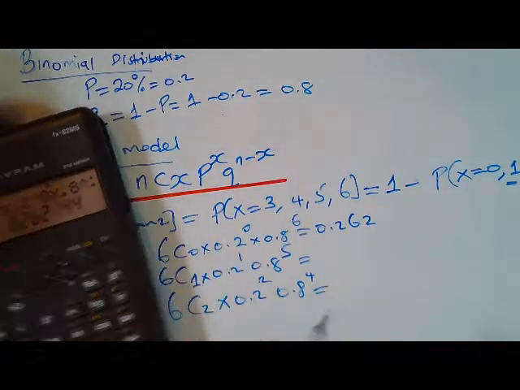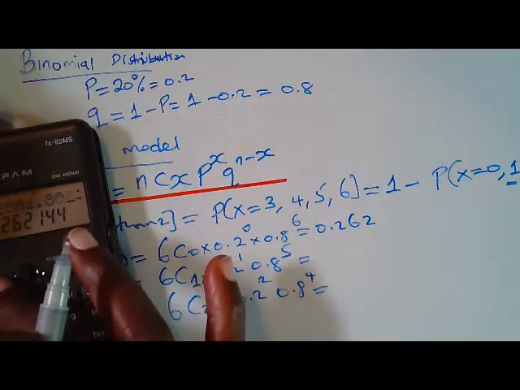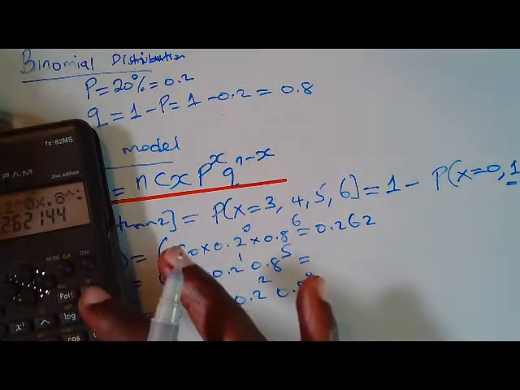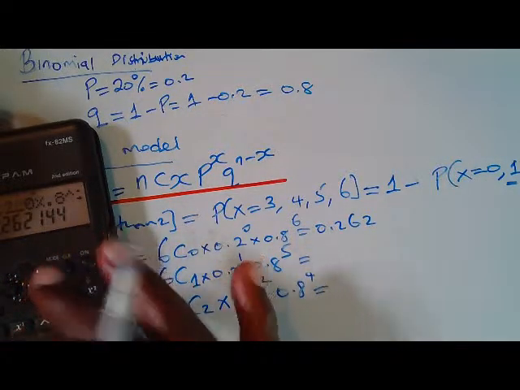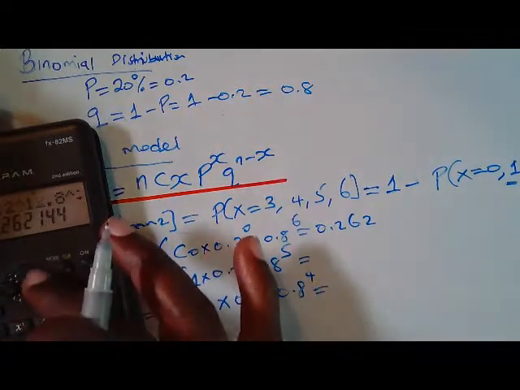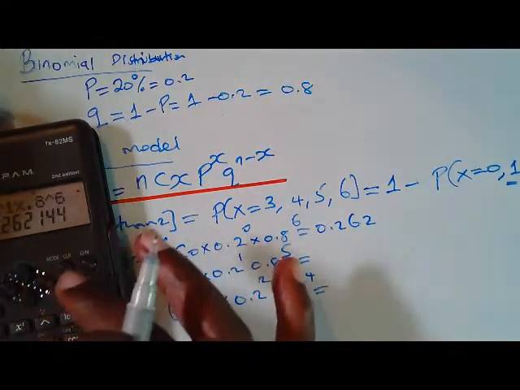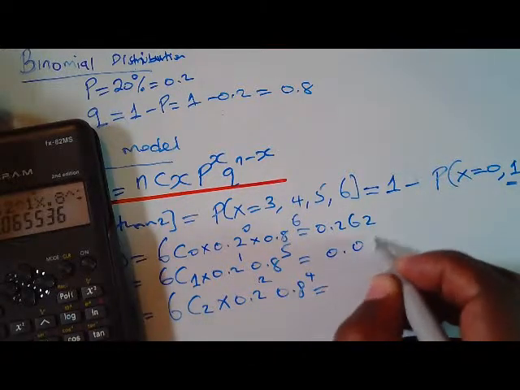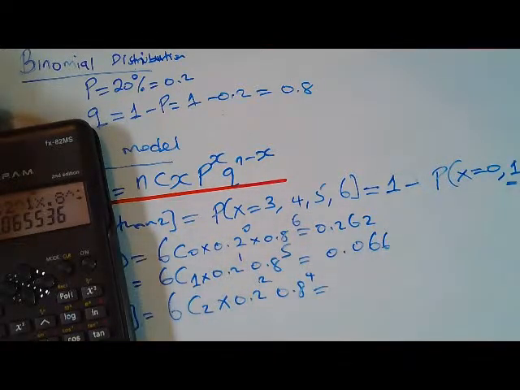And then we have the same down here, 6 combination 1. I can use these navigators, 6 combination 1 times 0.2 raised to 1 this time around. And then we have 0.8 raised to 5, like that, which gives me 0.066, 3 decimal places.